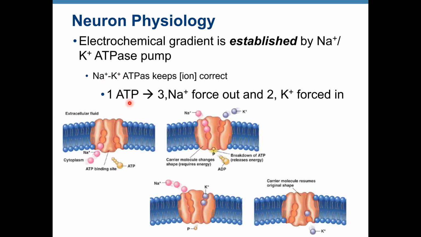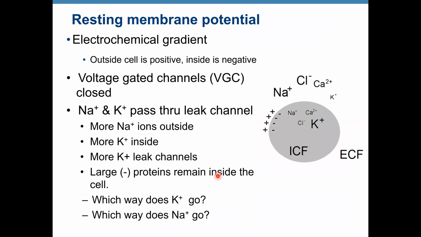When 1 ATP is used, 3 sodium moves out, 1, 2, 3, and 2 potassium moves in. 3 out, 2 in. So electrochemical gradient outside the cell is positive, inside is negative. We already talked about it. So the cell is negative inside, positive outside.